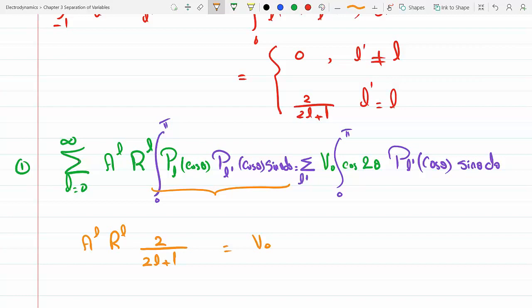So remember, L equals L prime, and I will have cosine 2 theta P_L of cosine theta sine theta d theta from 0 to pi.